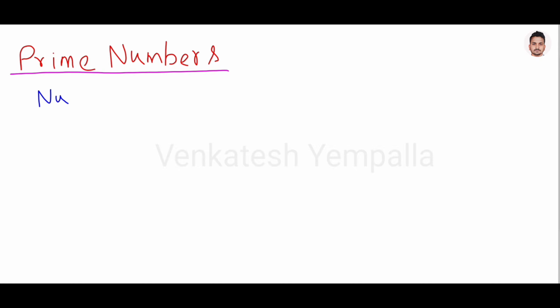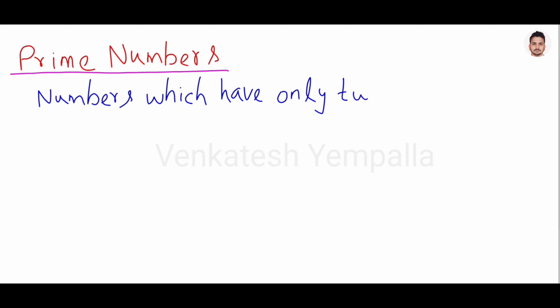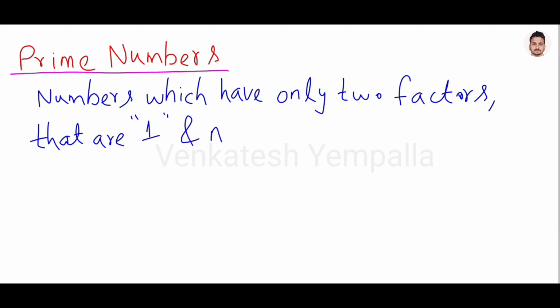Numbers which have only two factors. I hope you all know about factors. What are those? One and the number itself. Actually, prime numbers are nothing but numbers which have only two factors.